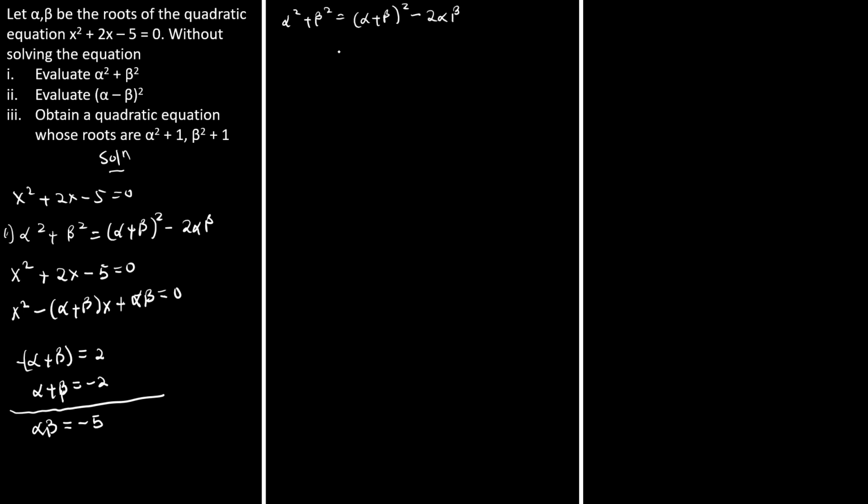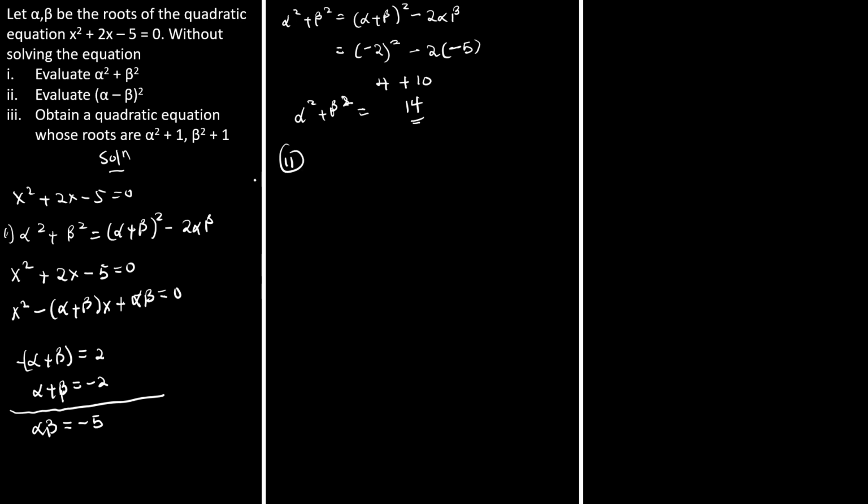The sum, alpha plus beta, was negative 2, so negative 2 all square minus 2 times the alpha beta, which was negative 5. So negative 2 all square will give you 4, minus 2 times minus 5 is going to give you positive 10, so plus 10. The result is 14. So this alpha square plus beta square should give me 14, okay? So we are done with the first question.